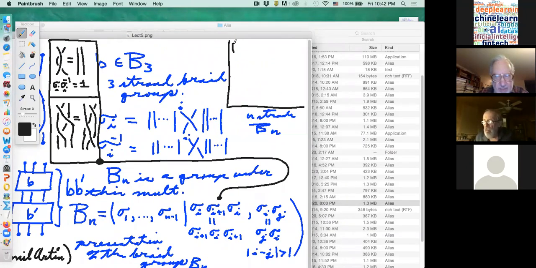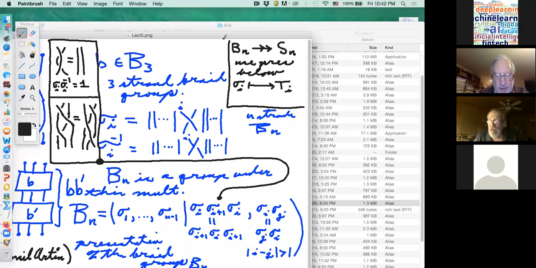This comment is the following, that the braid group goes onto the symmetric group on n letters. And I'll say use the presentation below, and take sigma i to t_i.